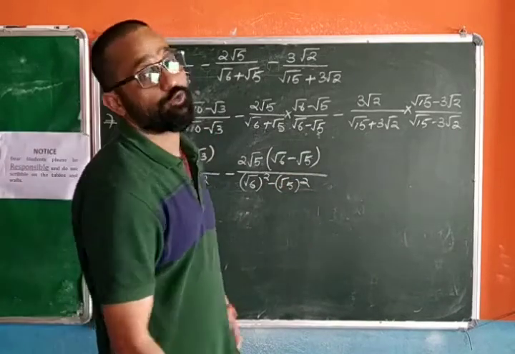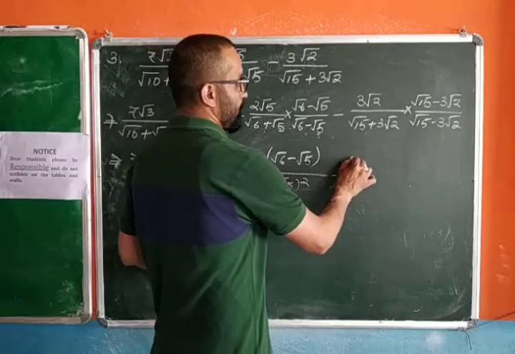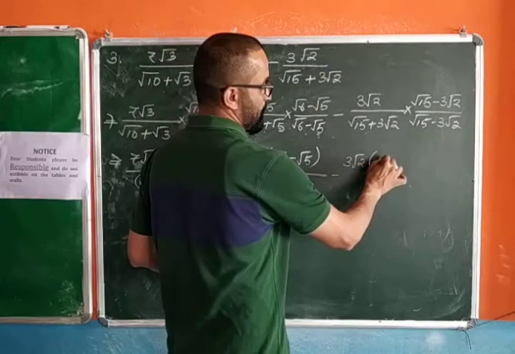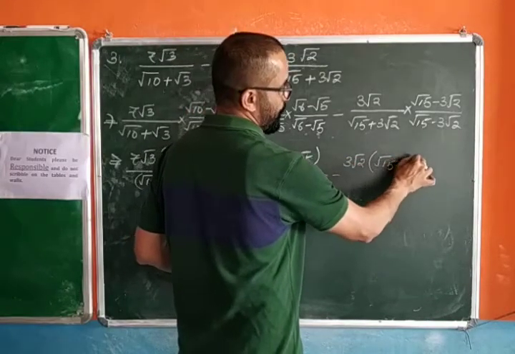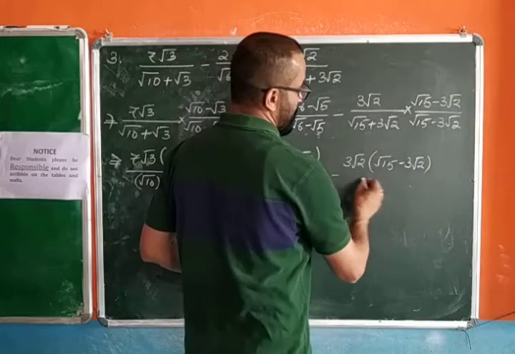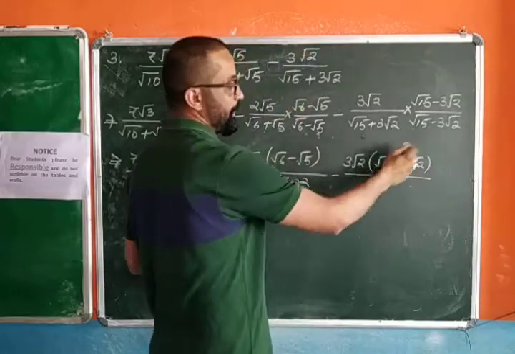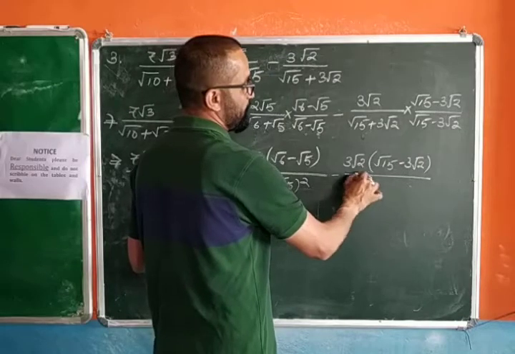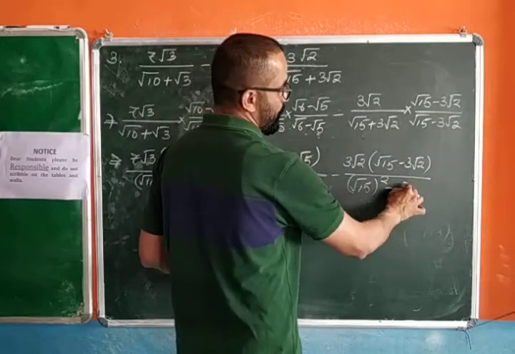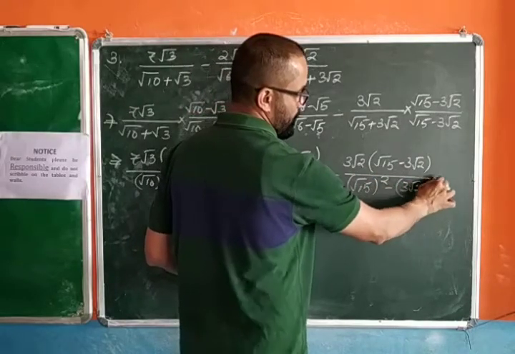Another calculation for the last term, 3√2 times (√15 − 3√2), divided by √15 whole square minus (3√2) whole square.